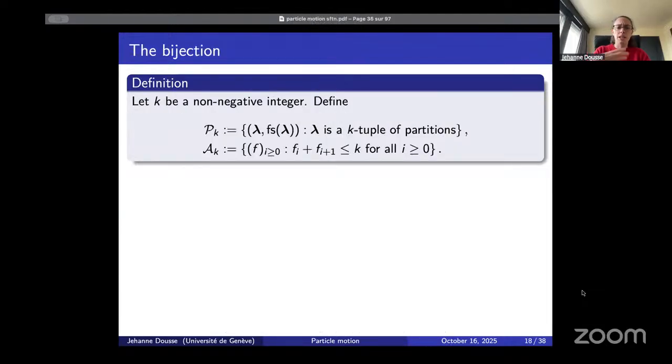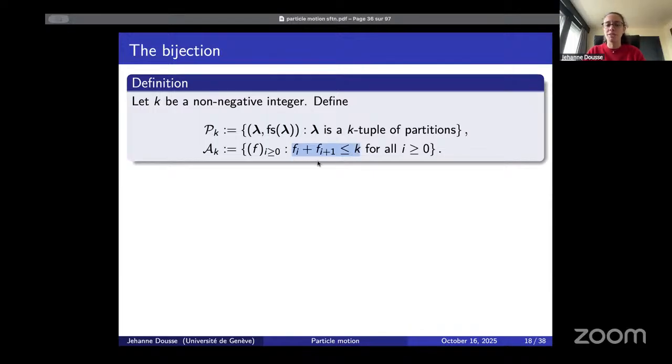To do this, this will be the bijection. So let me define some sets of partitions. The bijection that we will define will be between k-tuples of partitions lambda with their frame sequence, like we just saw on the previous slide, and a set A_k, which is the set of frequency sequences that satisfy the conditions of Andrews-Gordon here.